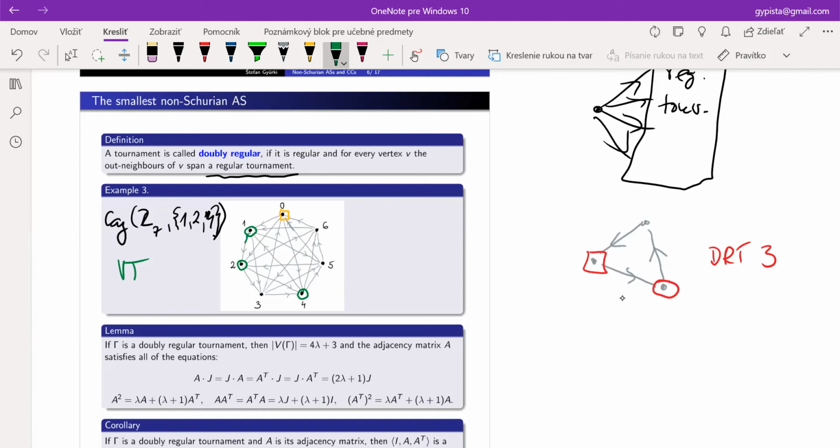So I see that there is a dart from 1 to 2, there is a dart from 2 to 4, and there is a dart from 4 to 1. So what is induced is a regular tournament, and I could see that cyclically all the induced tournaments by out neighbors are isomorphic to the doubly regular tournament of order 3. But what is important is that it is a regular tournament. So the full tournament is doubly regular.